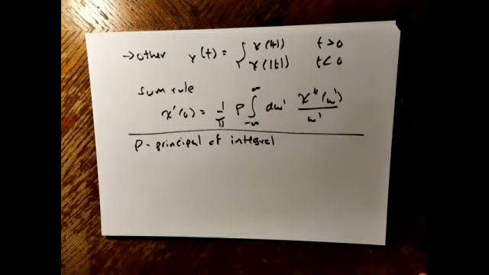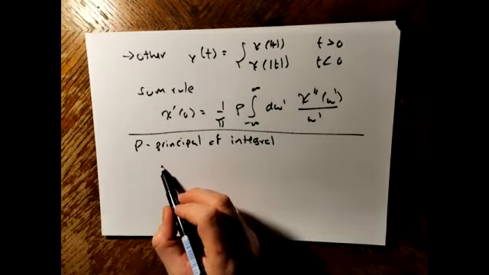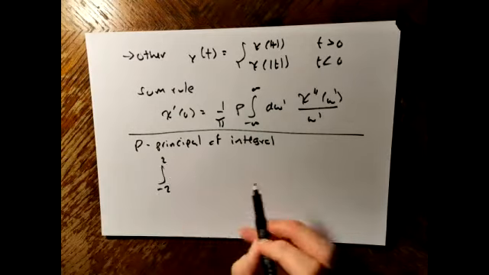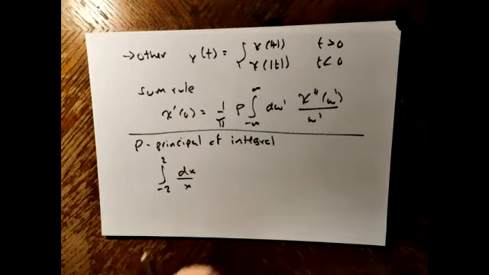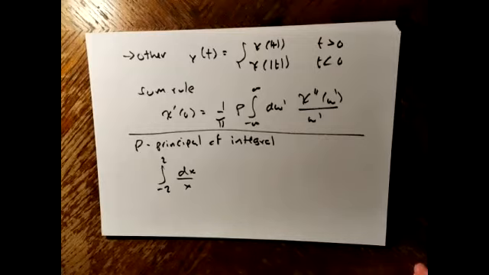And here's the problem. Suppose that you want to integrate, let's say, from minus 2 to plus 2, dx over x. First I'm going to exclude the singularity. I can put the singularity back.